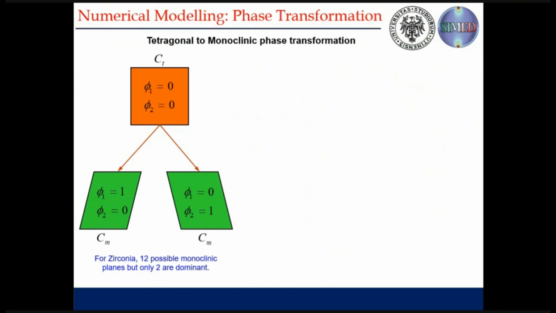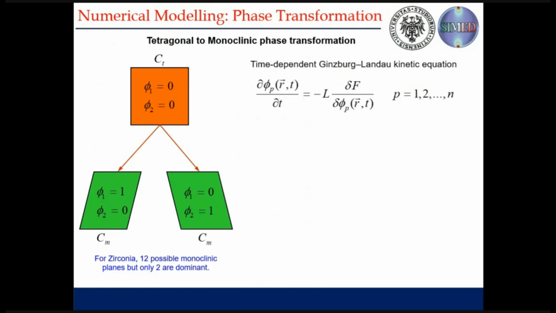And then the second variable represents the second variant. To solve this, we are using this time-dependent equation in which we need the derivative of the total energy with respect to the variants. And then we have this kinetic coefficient.